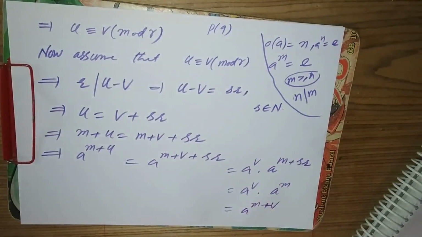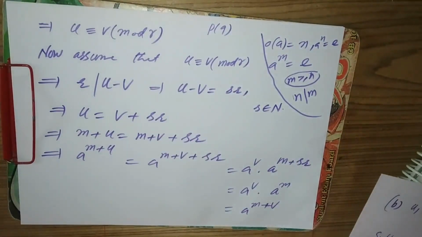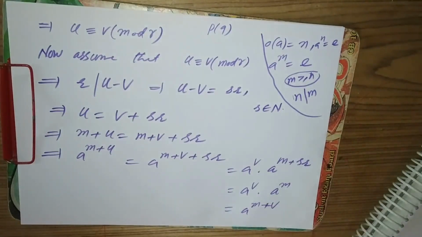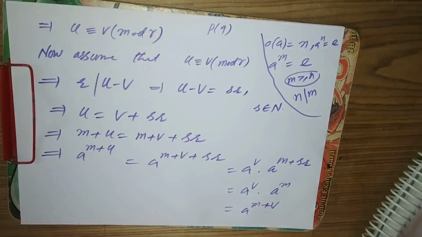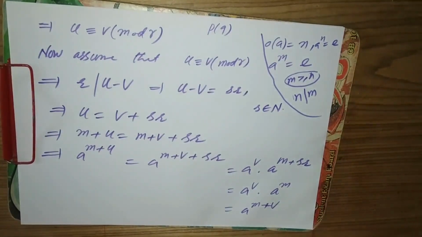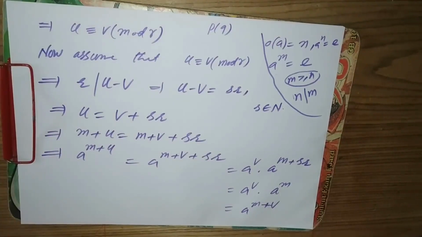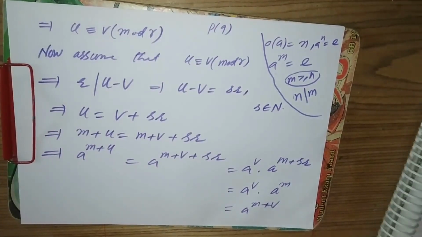So this proves part second. Part third is already proved. Now we prove the last part, that is this K. It's a cyclic subgroup of this monogenic semigroup A.